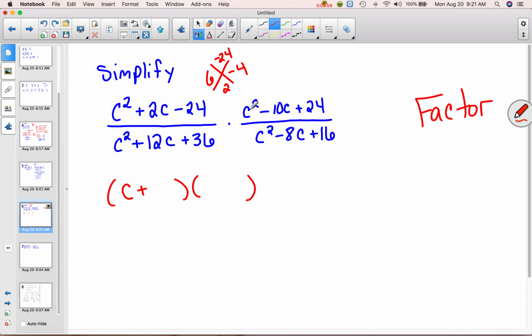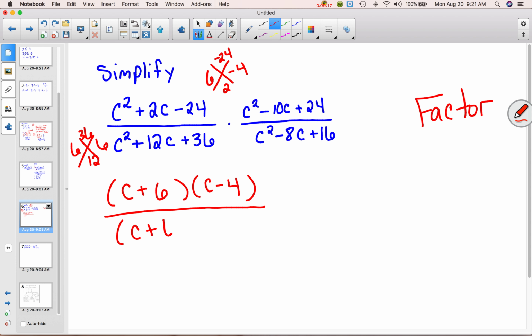We don't need boxes on any of these because they're just c squares. There's no number in front. So c plus 6, c minus 4. For this one down here, we've got a 6 and a 6, also a perfect square trinomial. For this one, looks like we have 2 negatives, so negative 6 and a negative 4.